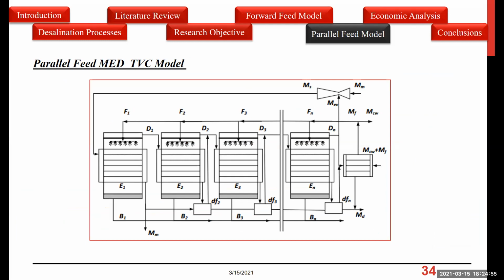And then after that, we are going to shift into different locations of the TVC, moving it from this location here to be connected to the leaving third effect, or second effect, or first effect.